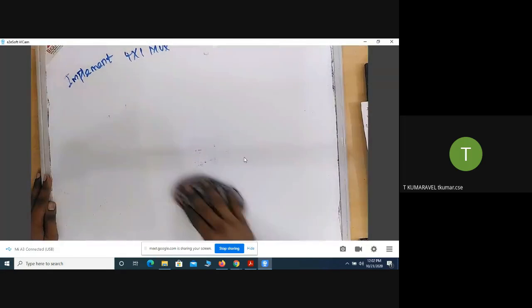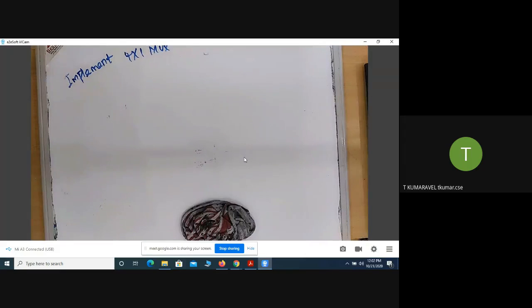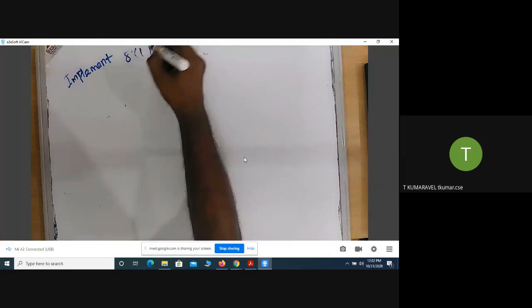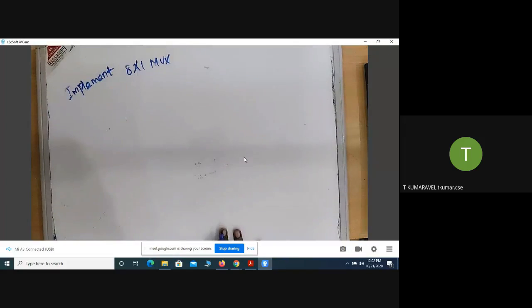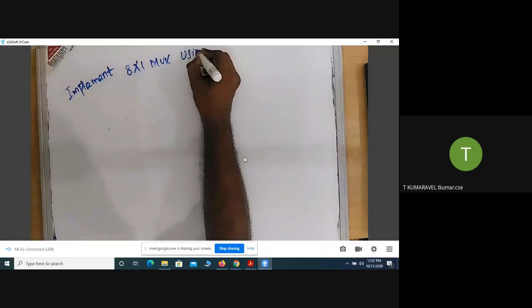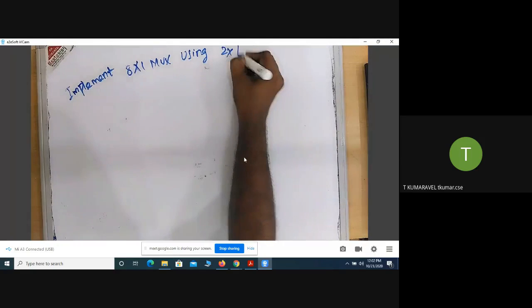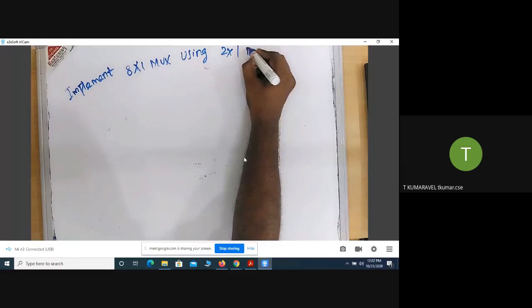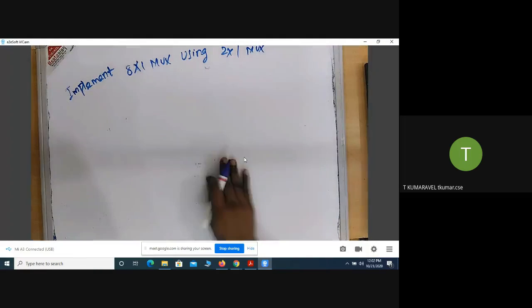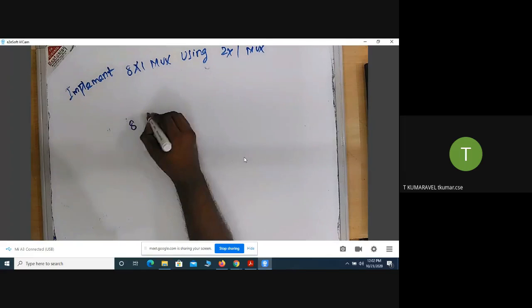Next, I'm going to take an 8 by 1 multiplexer. You want to implement an 8 by 1 multiplexer using n number of 2 by 1 multiplexers. How do you implement that? What is the functionality of an 8 by 1 multiplexer?